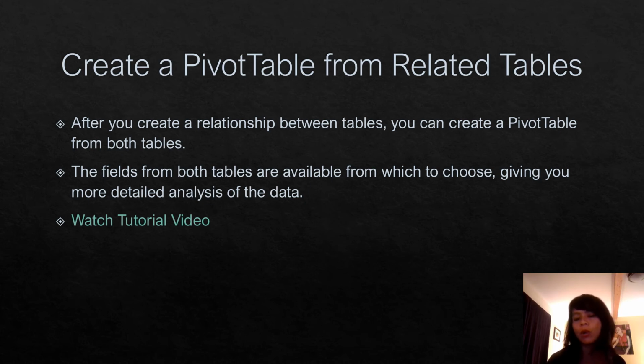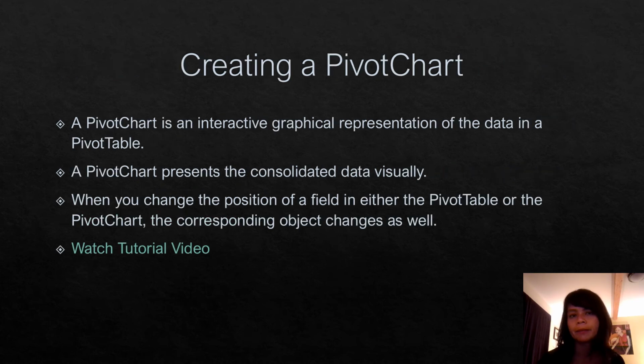So when you create the pivot table, you can choose all the different fields from both the tables. I'd like you to pause here and go and watch the tutorial video in which I show you how you can create the pivot table after you have established the relationship between the two tables.